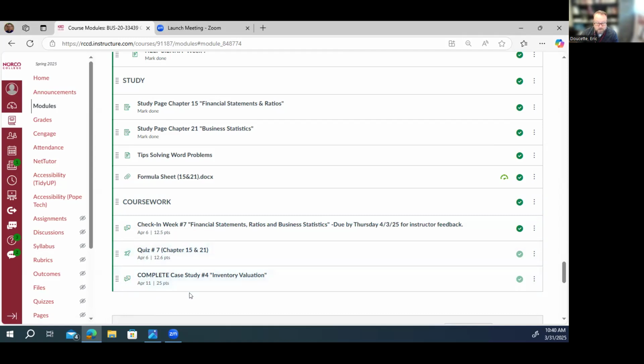And then you have your final case study. This one's on inventory evaluation. So it's actually going to dip back into chapter 16 a little bit. You're going to calculate the 3 different inventory methods on an income statement. Rather than one column of the income statement, it's going to be 3 different columns. You're going to basically put your inventory value in each of the ending inventory categories after you've calculated it.